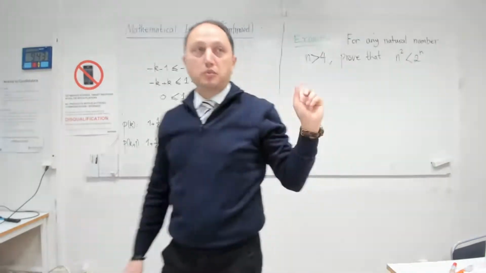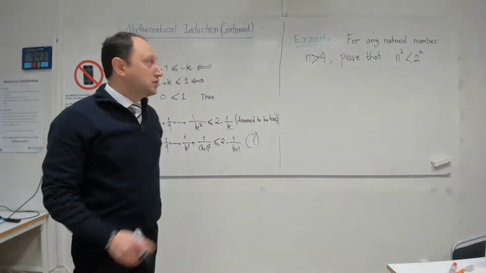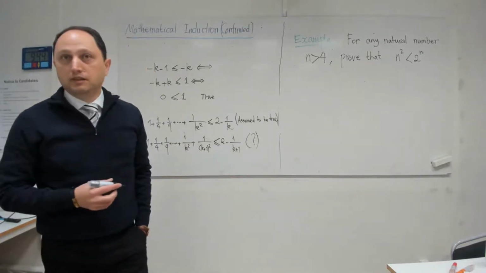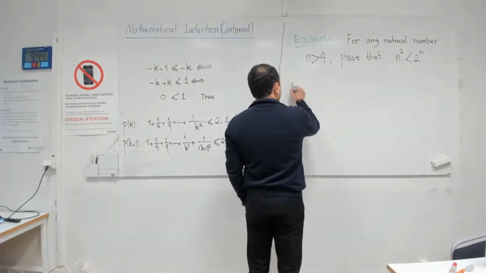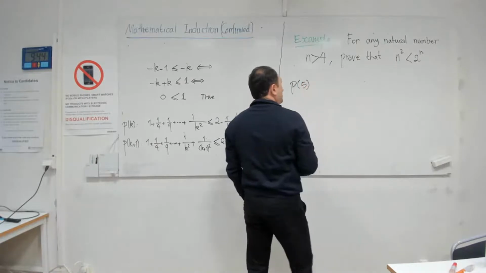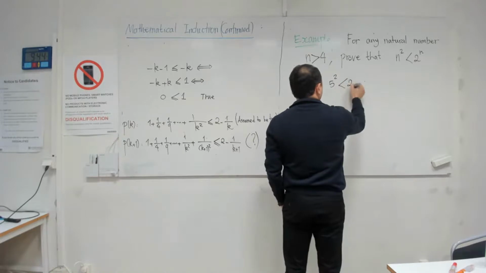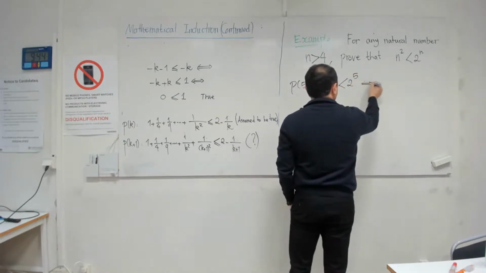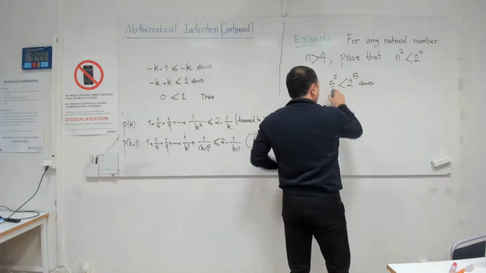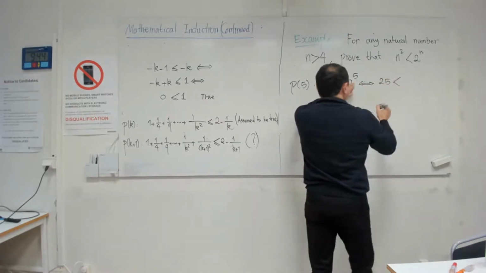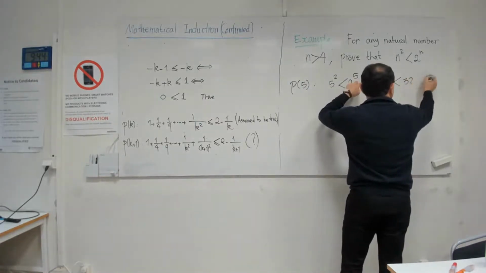So the first number that I need to check is not P1. I need to check the truth of what? P5, yes. That is the only thing that I want to talk about. So P5 means 5 to power 2 is less than 2 to power 5. But this statement itself is equivalent to, because 5 to power 2 is 25, less than 2 to power 5 is 32. This is true.